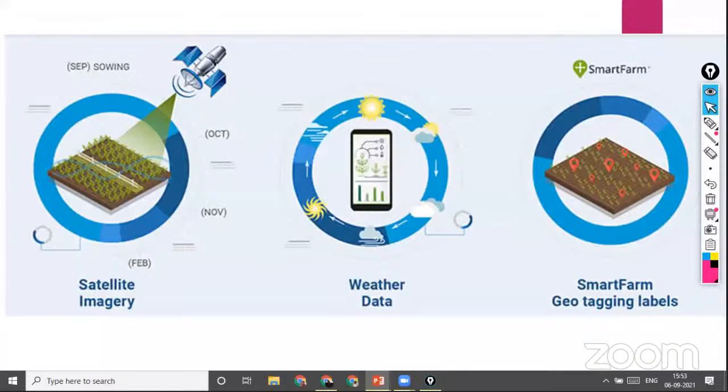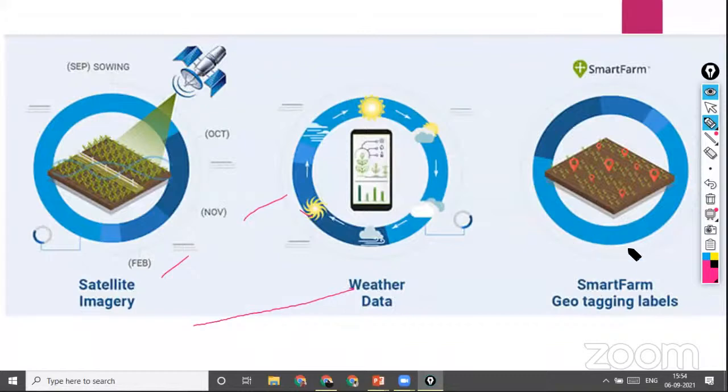And remember, all these data sets are time series data sets. When I say time series, you can see the weather information from, say, February to October, November. So you can build many time series models using this kind of data set.